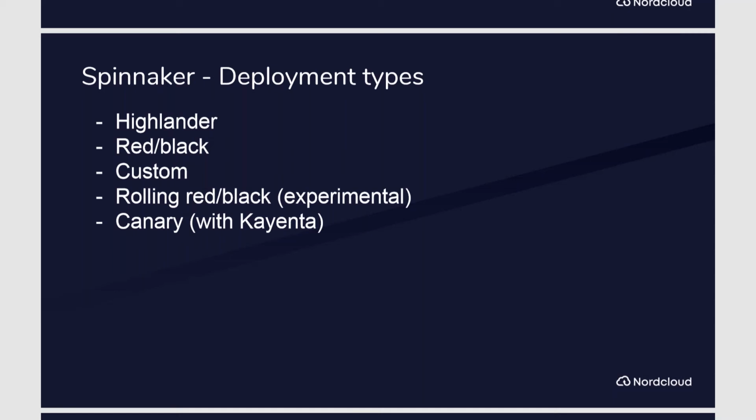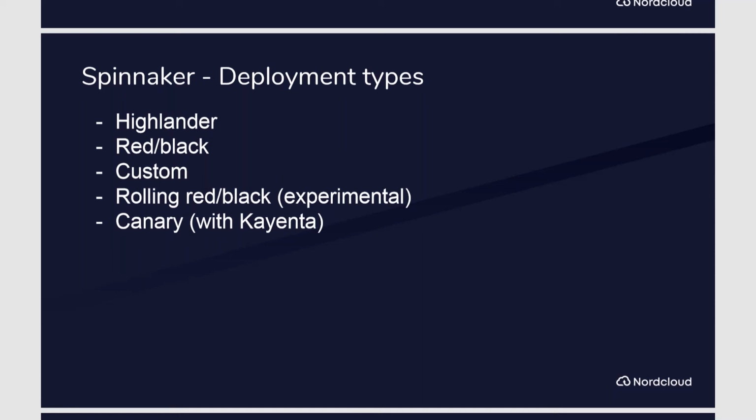With the custom deployment type, you can basically do anything. You create a pipeline that acts as the deployment logic. This provides a lot of flexibility to do things your own way, rather than using these predefined deployment types.